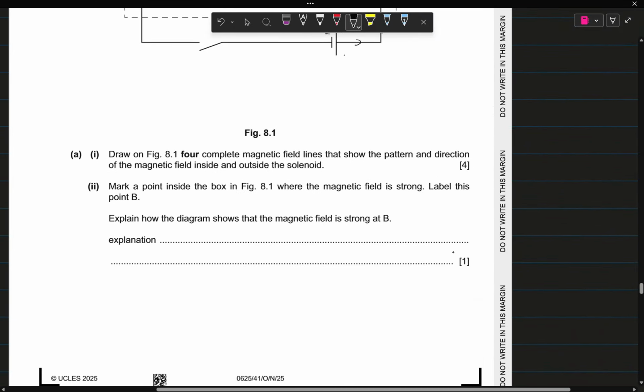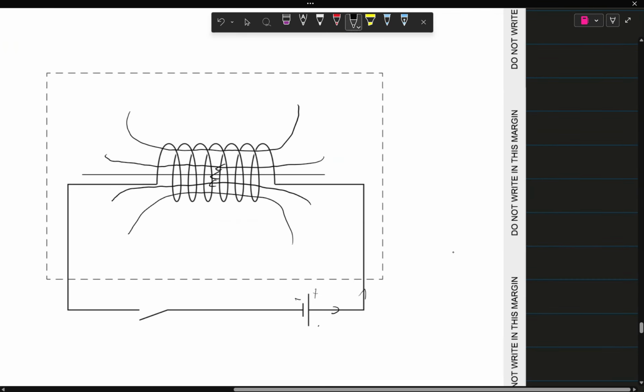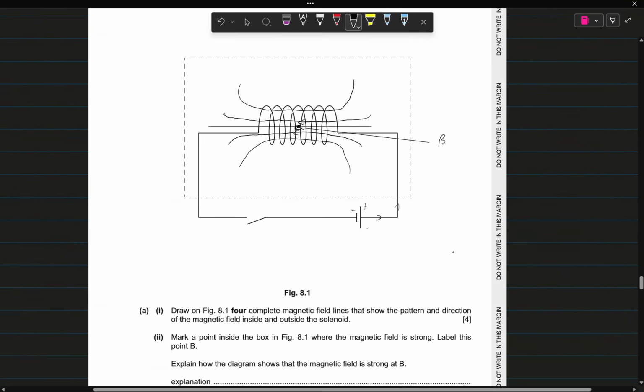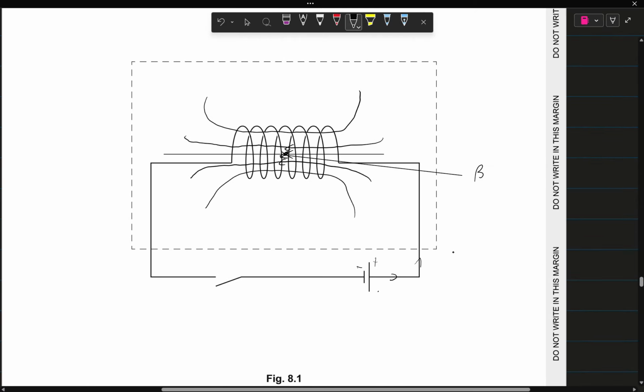Okay, so for part 2, mark a point inside the box in figure 8.1 where the magnetic field is strong. Label this point B. Okay, I'll mark this point here using an X. This one will be B. Now, it will ask me why this is strong, or like how does my diagram show that. Essentially here, at this point, you can see that all the lines are close to each other. And this suggests that the magnetic field strength is strong.